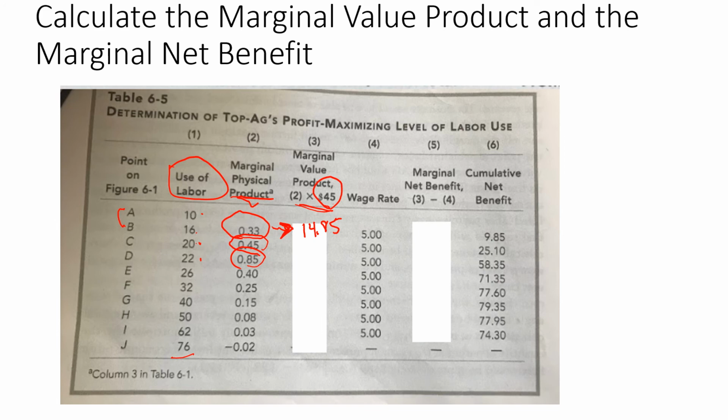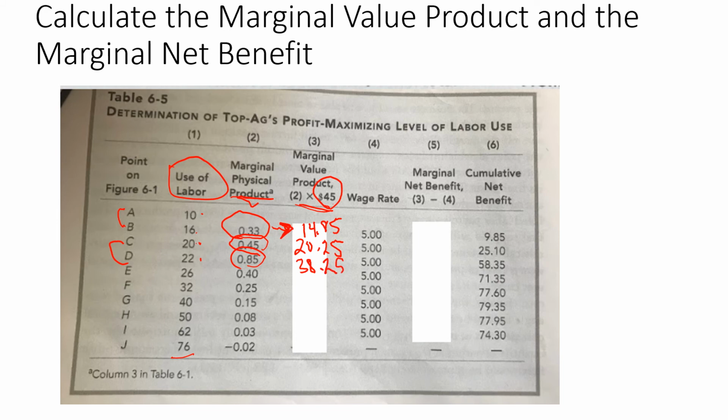Between B and C, it would be 0.45 times $45, which is $20.25. From C to D, it would be 0.85 times $45, and that's $38.25.